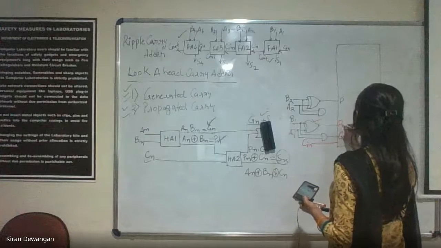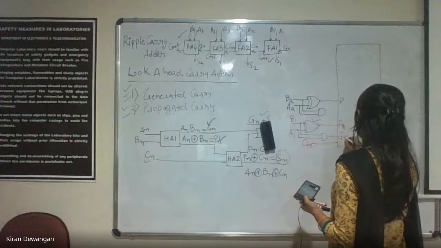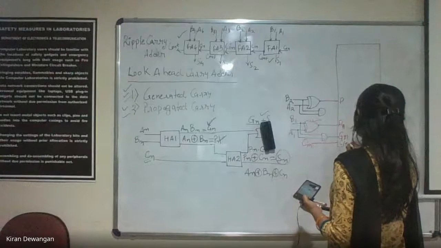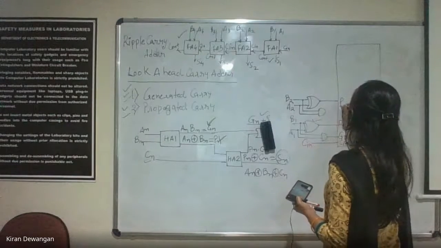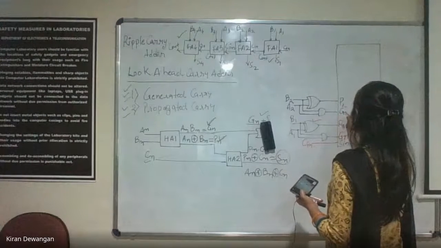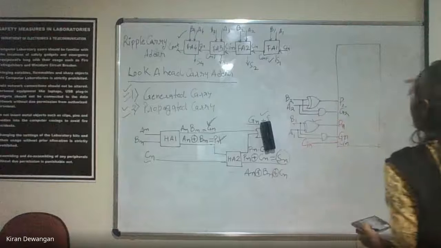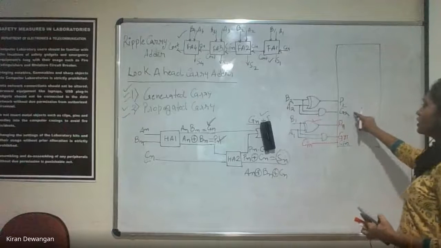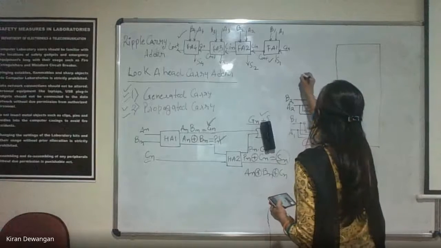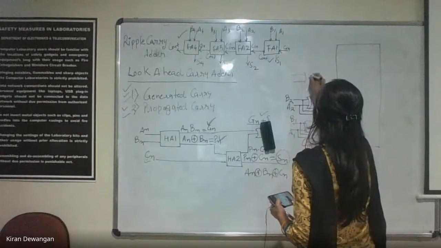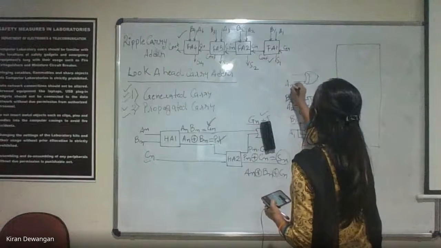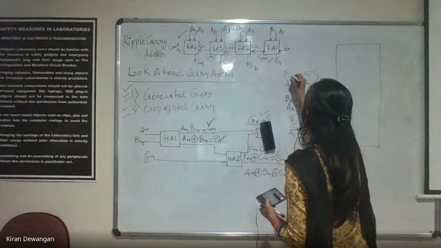This will become P2 and G2. Now I have the third set of inputs, A3, B3.